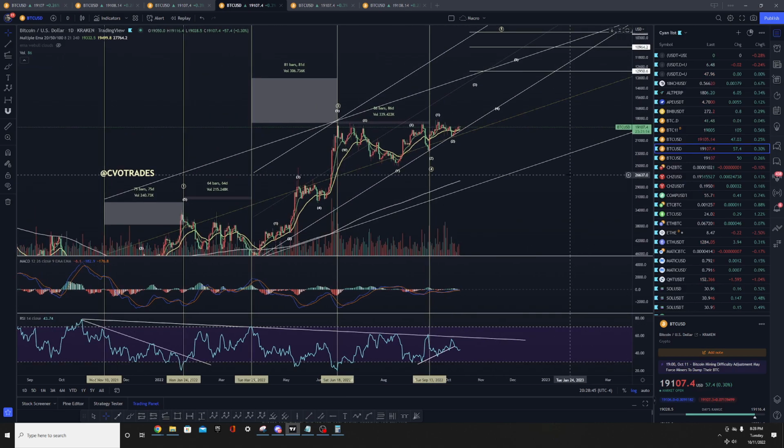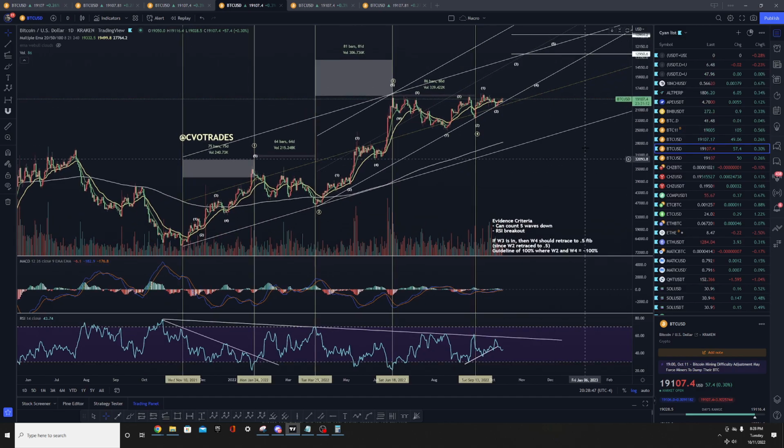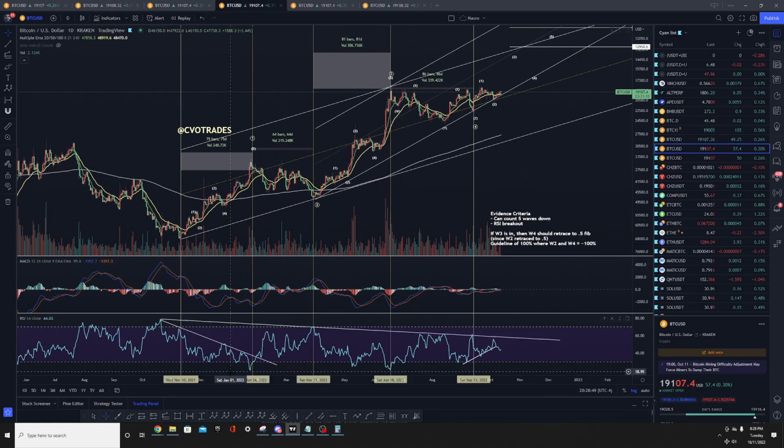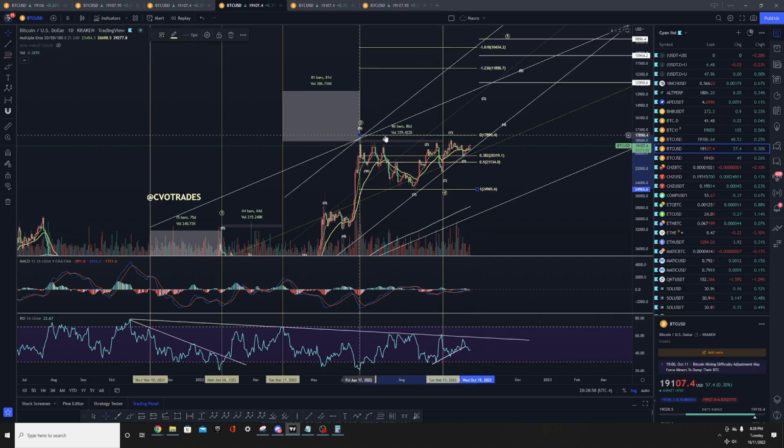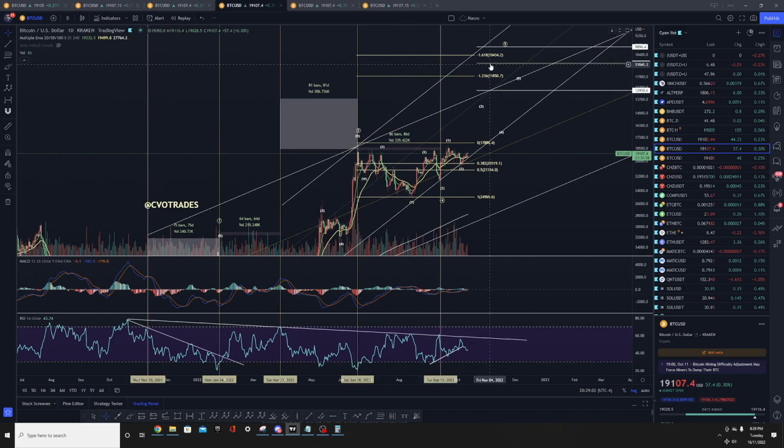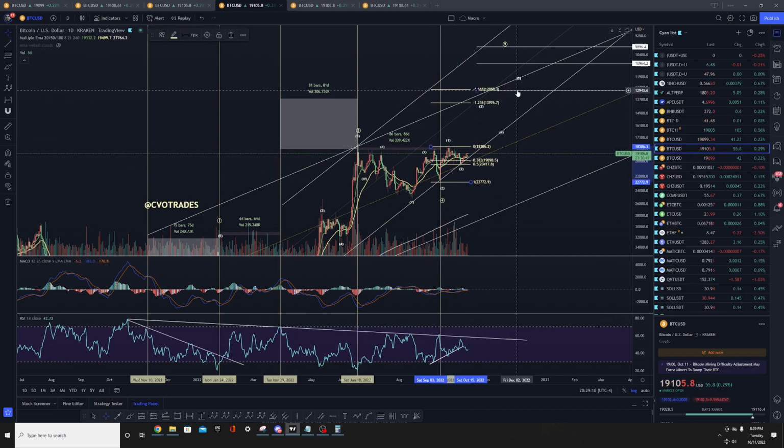Like I said, this is my new main, and to derive some of the targets, you can either do the inverted fib. It's a little tricky since I don't know which one. If you do it from the nut low to the top, then the targets would be 11.8 and 10K. If we do it from here, then it looks like 12 to 13.8K.